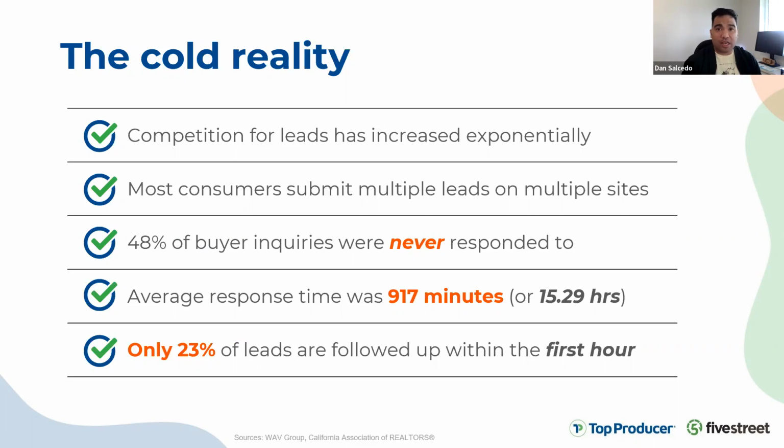Everyone's online. When buyers are looking for property that they might be interested in buying, they're not looking at advertisements, they're not talking to their family, they're not talking to their friends. Mostly, they're just going online and doing their own online search.